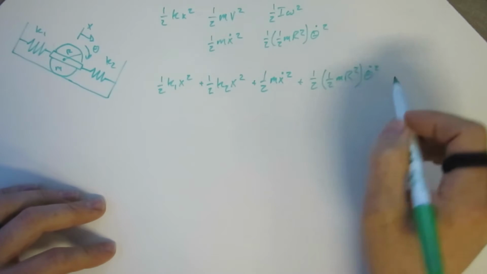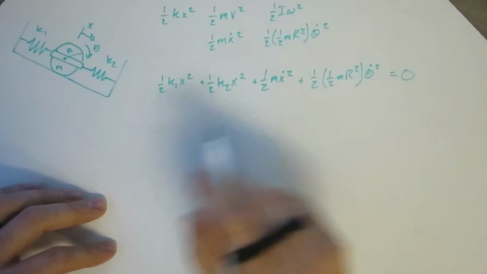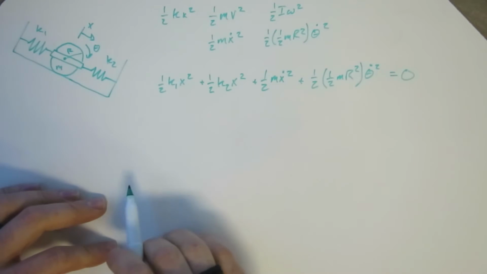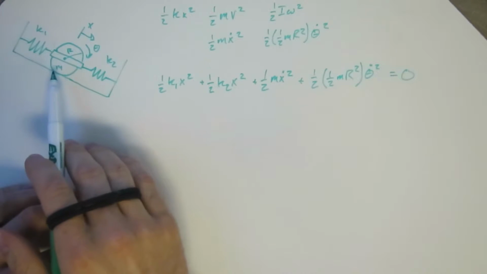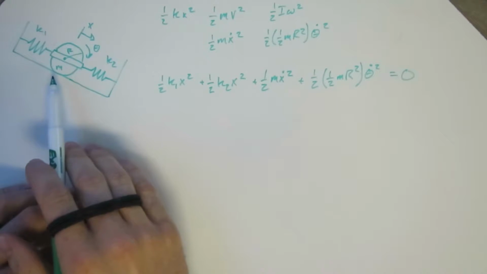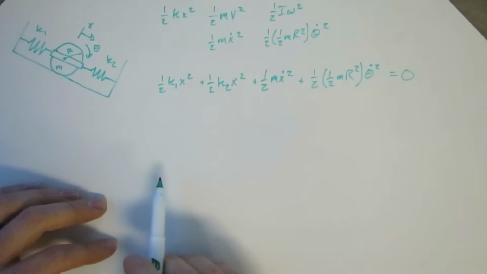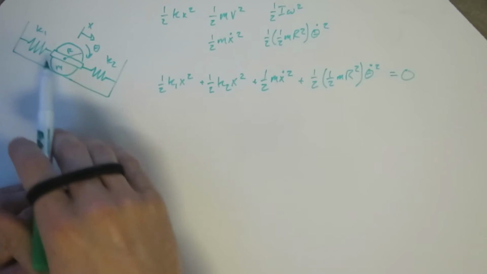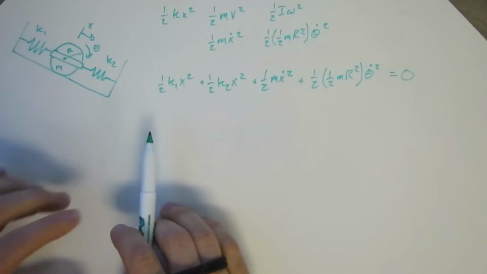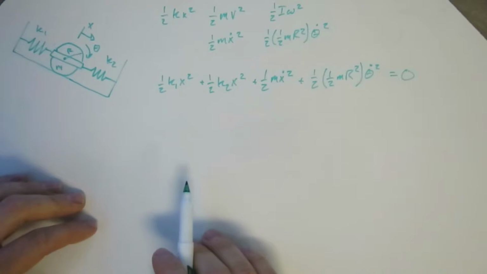And these are all the energies, and at any given time the summation of all the energy is going to be 0, because any energy expended by one thing is going to be put into another part of the system. And there's no heat dissipation in this conservative system.